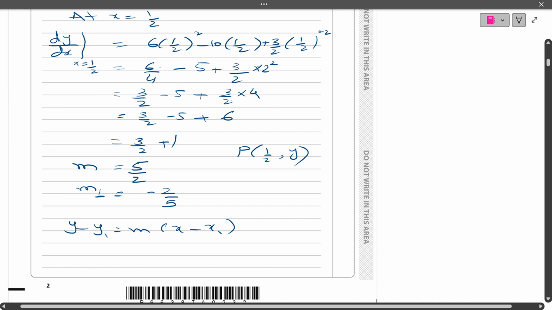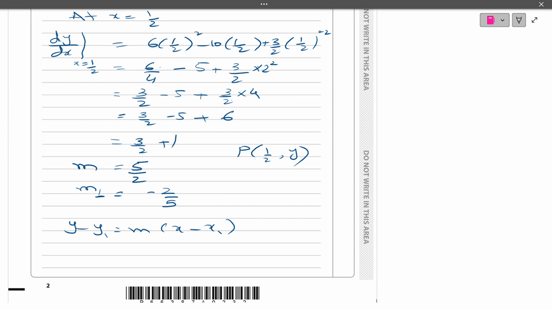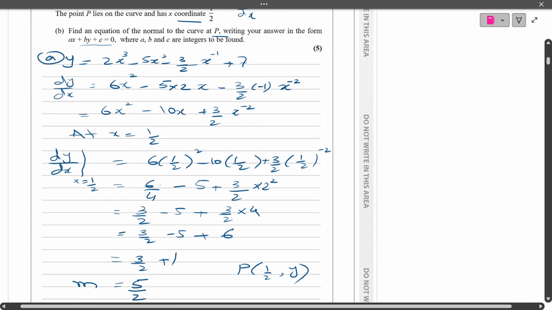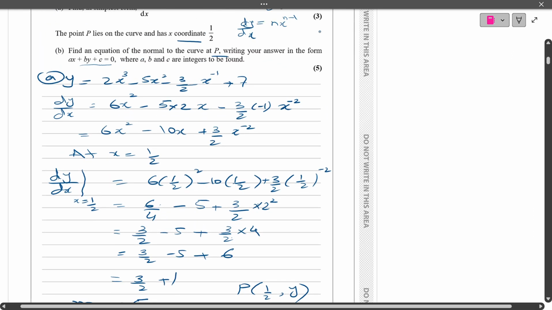So we can substitute in the curve equation and get the value of y. So y equals 2x cubed minus 5x squared minus 3 over 2x plus 7. If x is 1 over 2, let's see what y is.